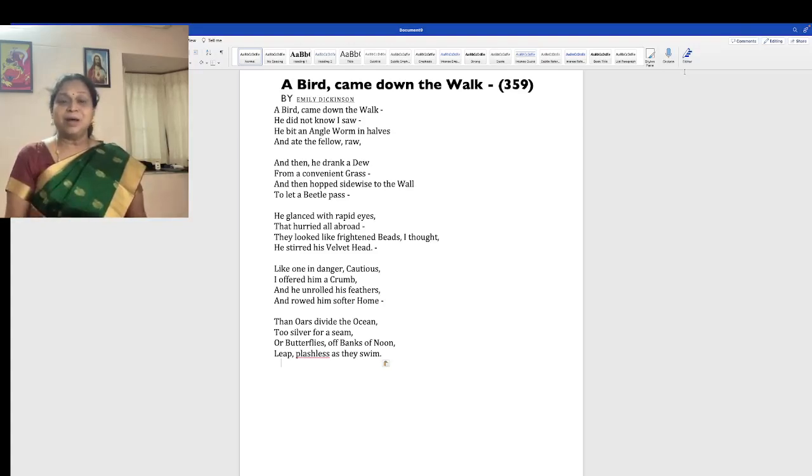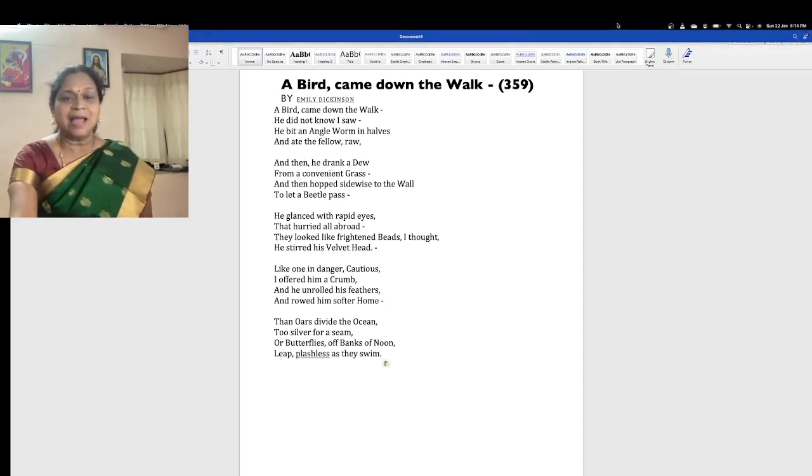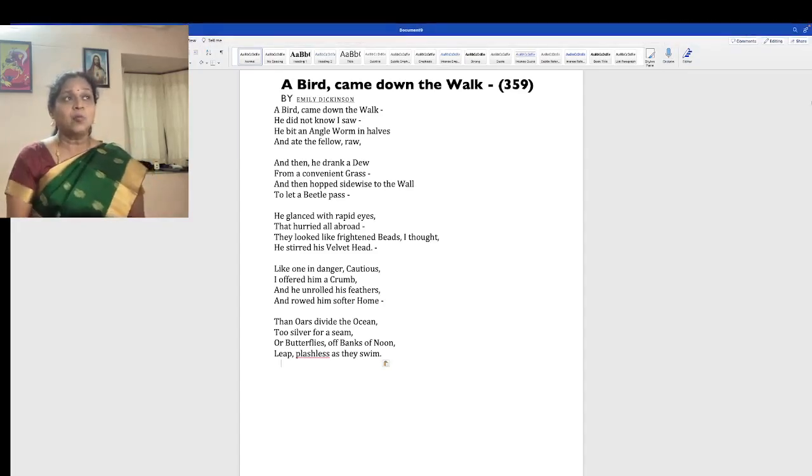She sees the bird. What happens? All of a sudden, the bird seems to be biting an angleworm. It's a kind of a worm. So it starts biting the angleworm, and she goes into graphic details of how the bird bites the angleworm.